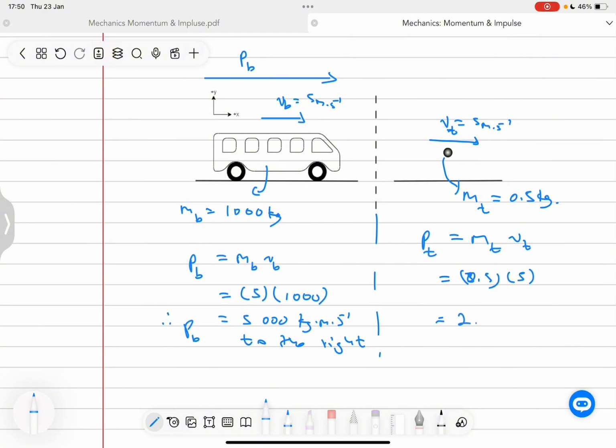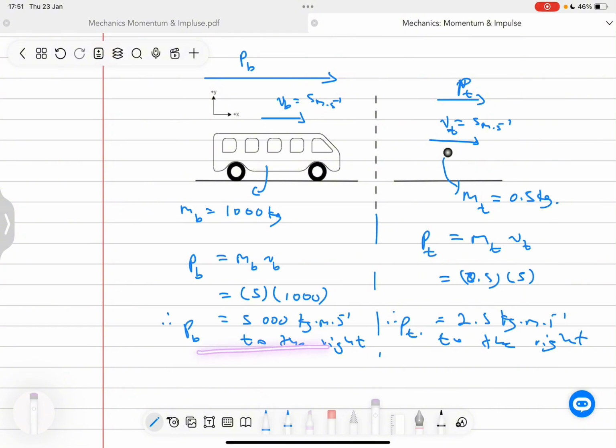Now this would mean that I'm going to have 2.5 kilogram meters per second, and this as well goes to the right because we report the magnitude and direction, because momentum is a vector quantity. Now, if I were to draw this vector, you can see that this number is small compared to this number. So my vector would be a small vector like that. Momentum of the tennis ball.